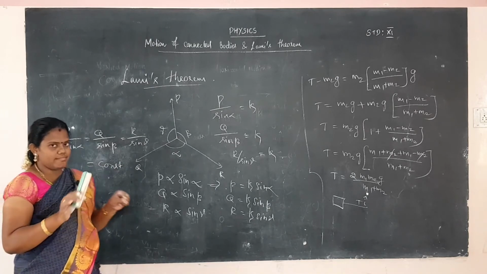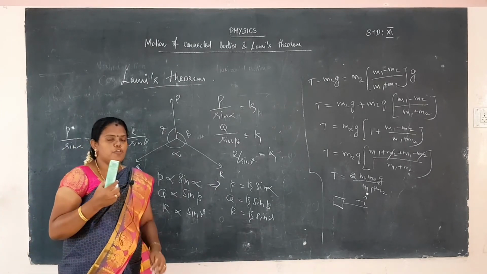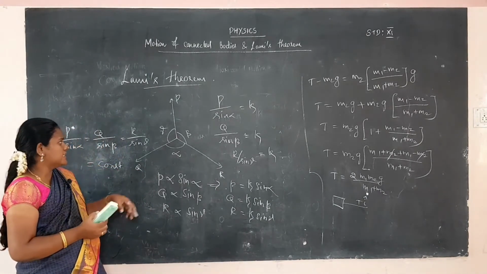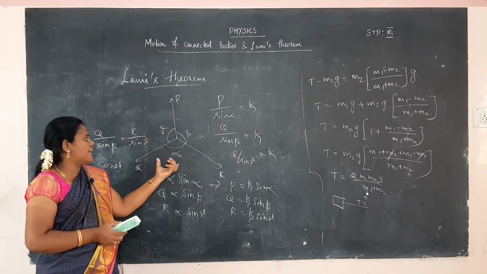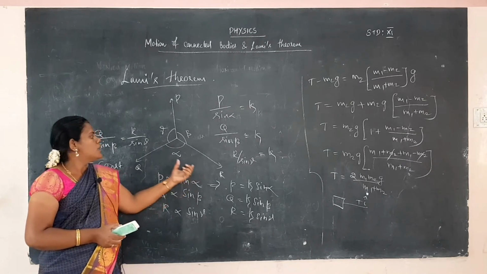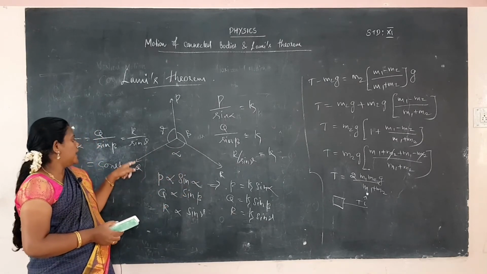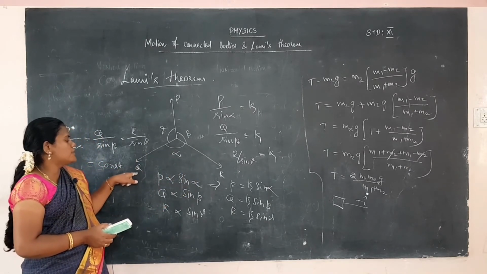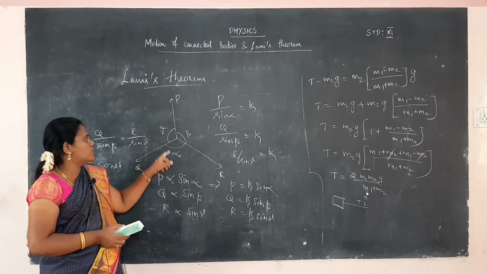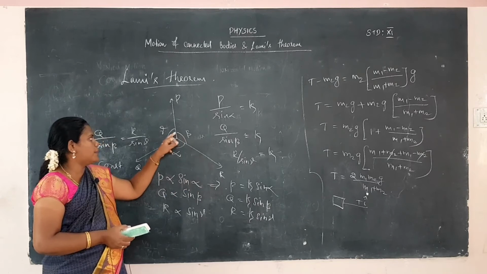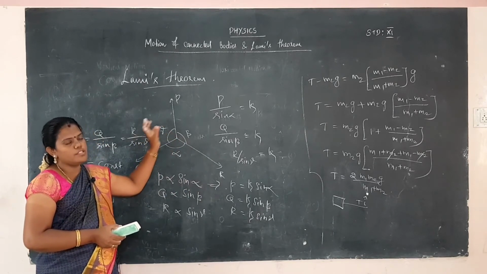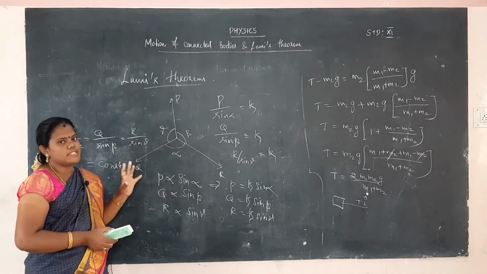Lami's theorem says that when three forces meet at a single point, each force is directly proportional to the sine of the angle between the other two forces. That is Lami's theorem.